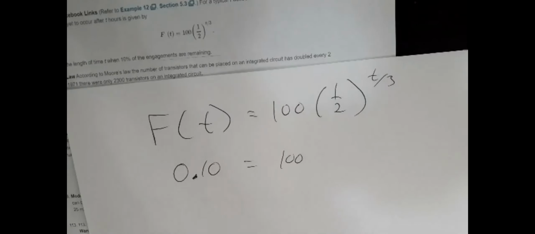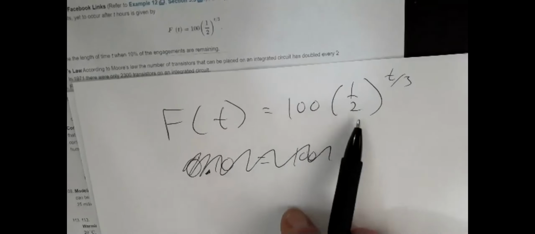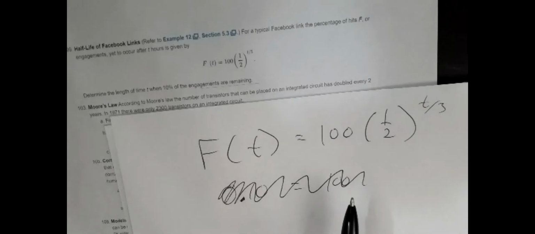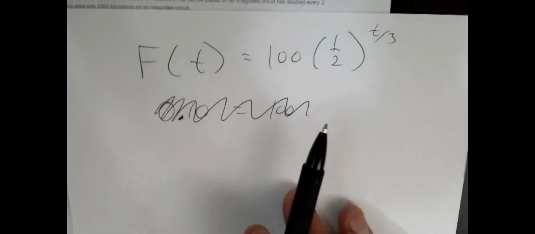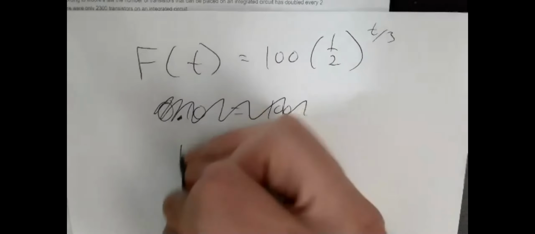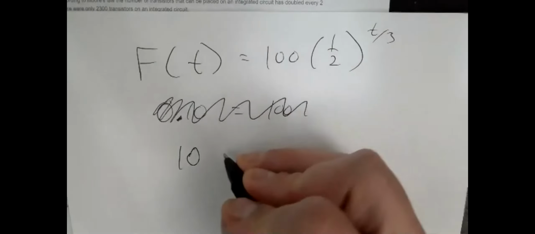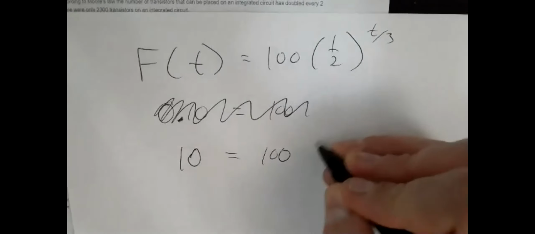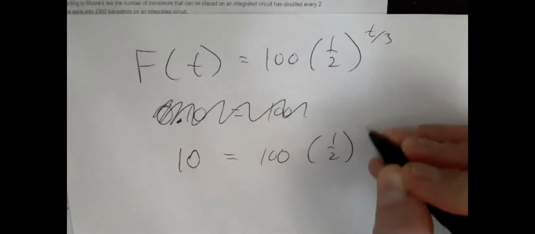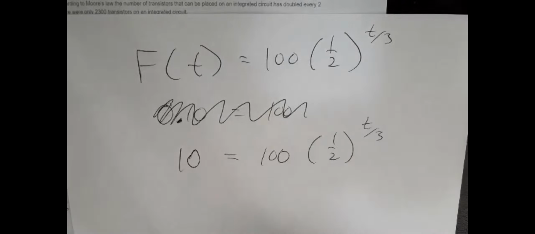Maybe not, because they're starting out at 100%. I can see it here. And it's going to half every 3. T is in hours, I think that's what's happening. I believe they're giving it just as a whole percentage. That's not super obvious from here.